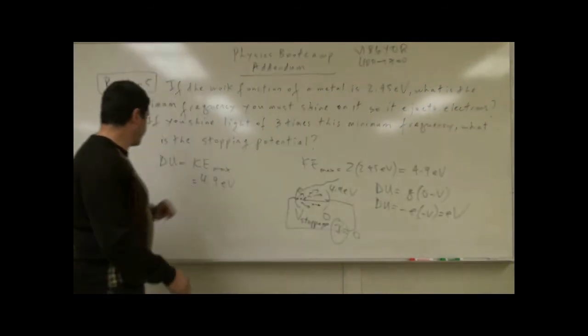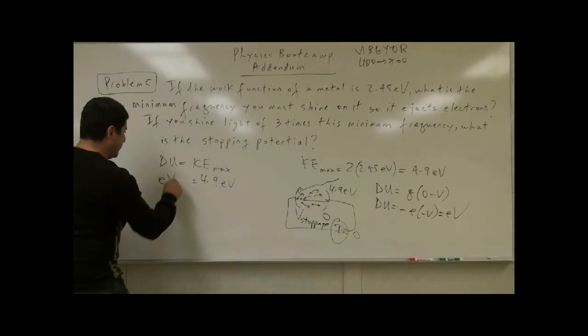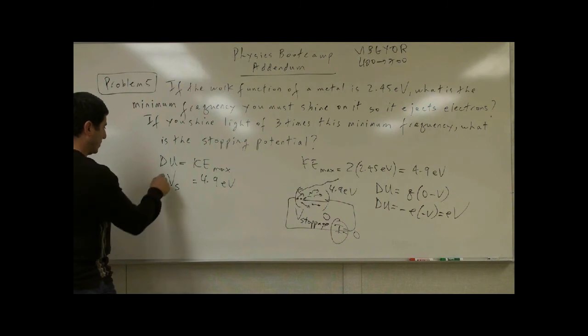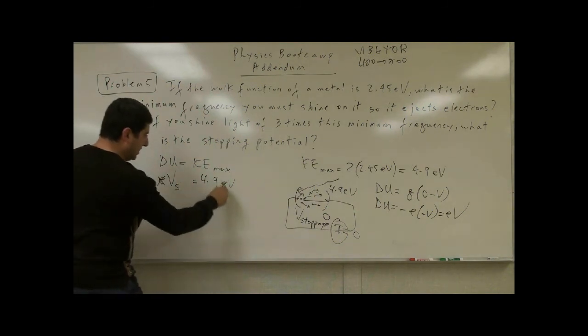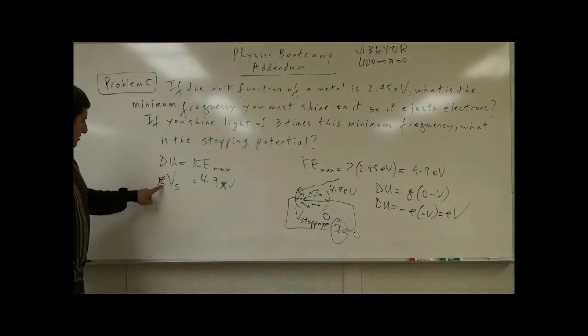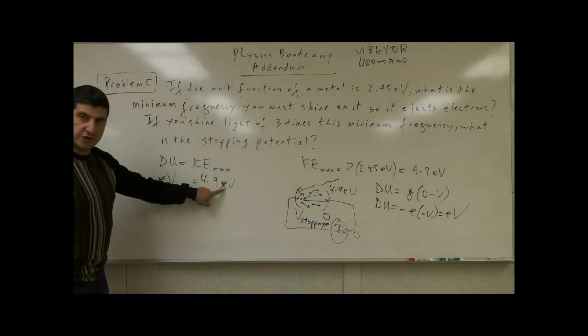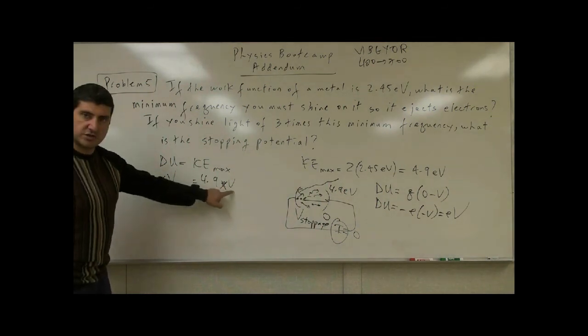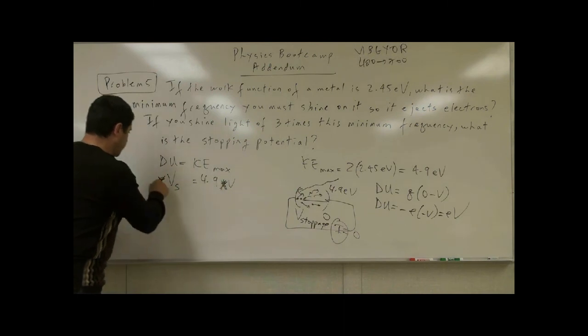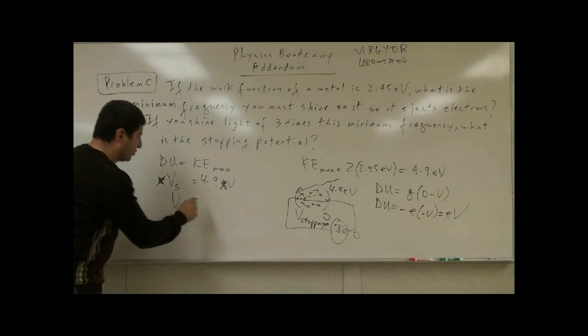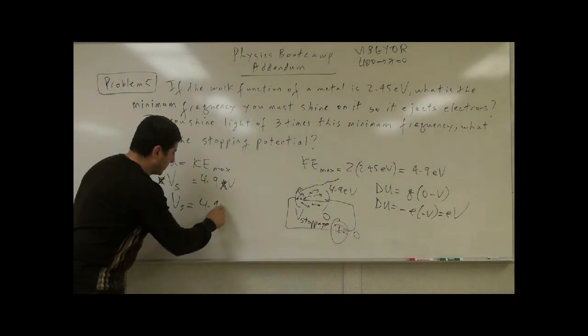So what's the stopping voltage going to be now? e V stopping. Well, e cancels e. This is the charge of the electron, and this is also the charge of the electron, 4.9 electron volts. So this cancels, and the stopping voltage is equal to 4.9 volts.